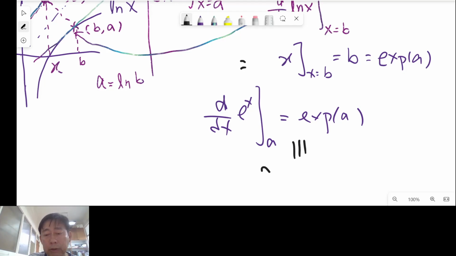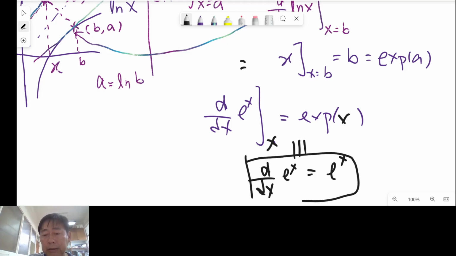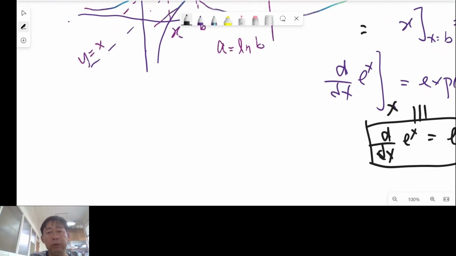This is equivalent to the statement that d/dx of e^x equals e^x, because if you like, you can replace a by any arbitrary x. So that is the result of the differentiation of the exponential function, which equals the exponential function itself. That is a very simple relationship.